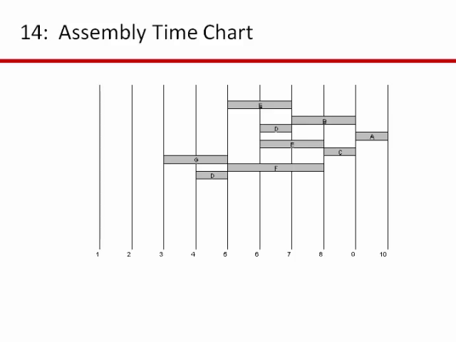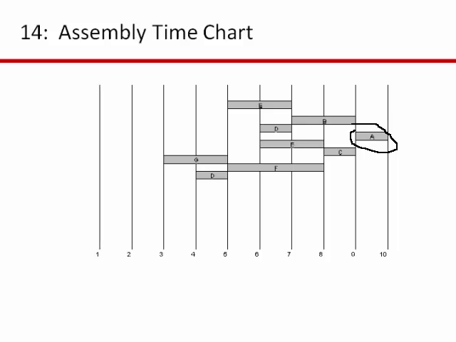Another thing the chapter talks about is what they call an assembly time chart. An assembly time chart basically looks like a bill of material rotated 90 degrees, but now the length of each of these is the lead time. So, for instance, we had A, and A, let's say, takes 1 week.